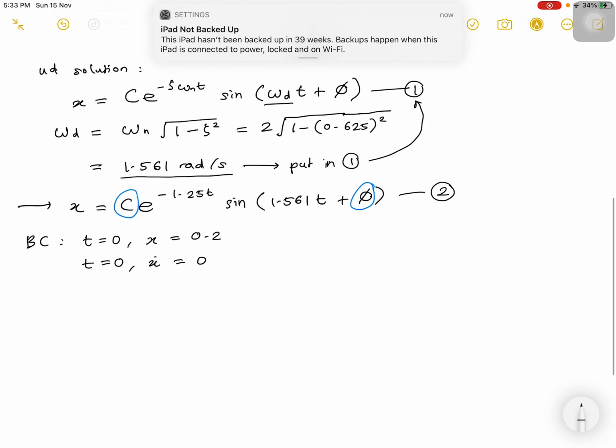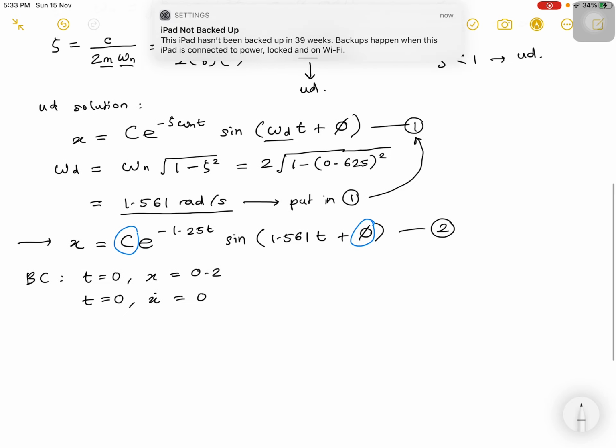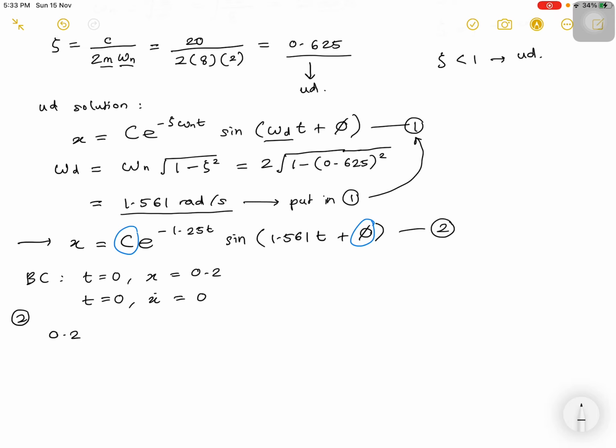Now we can put in the values. For the first one, we put it in equation 2.